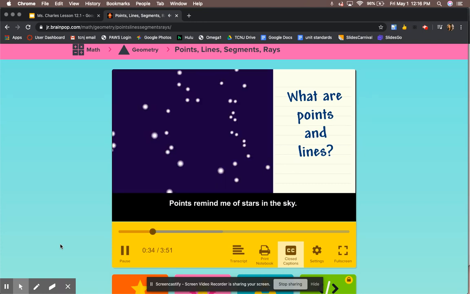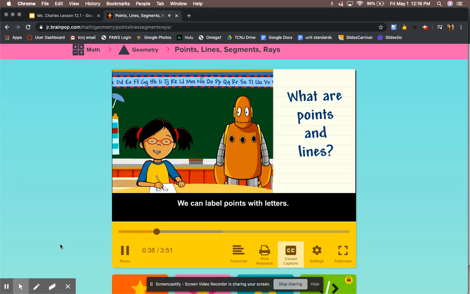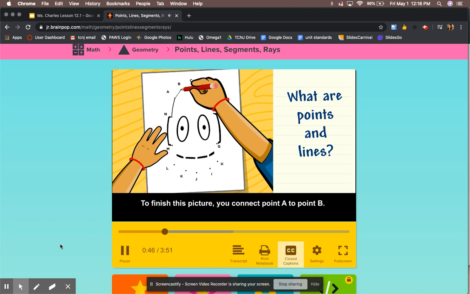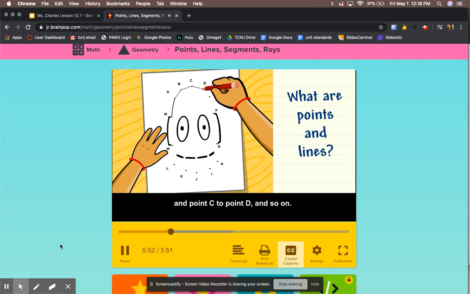Points remind me of stars in the sky. We can label points with letters. To finish this picture, you connect point A to point B. Then connect point B to point C, and point C to point D, and so on.